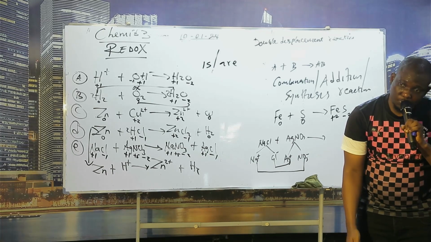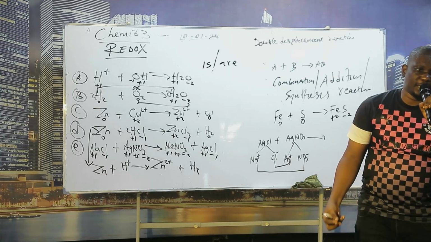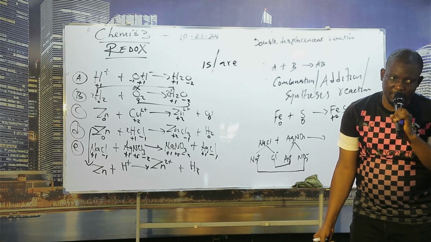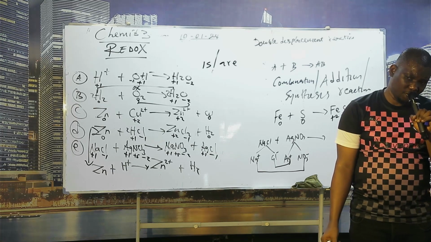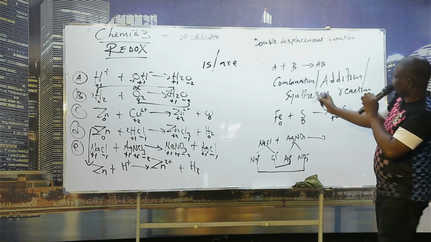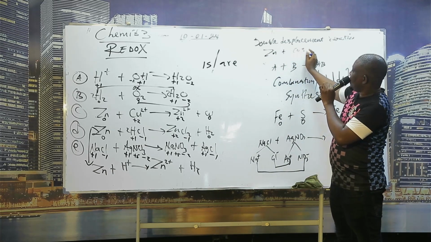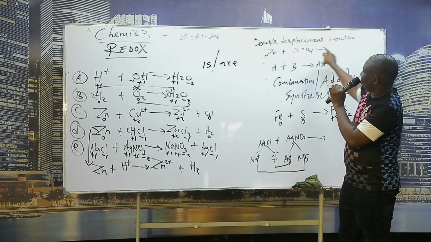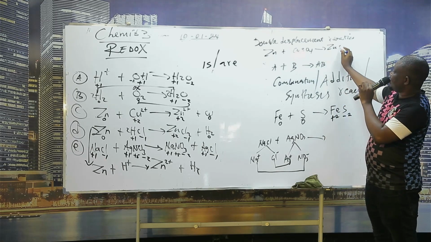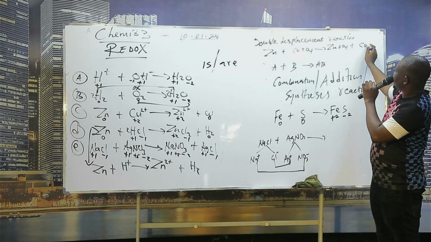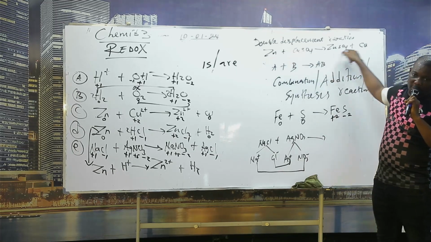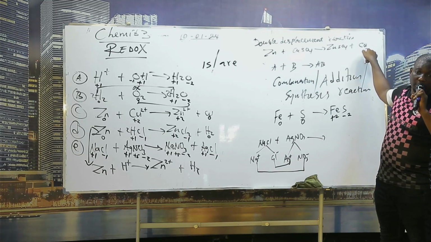Is double decomposition a redox reaction? No. Is single displacement a redox reaction? Supposing I have something like Zn plus CuSO4, then zinc displaces copper from CuSO4 to give ZnSO4 plus Cu. What type of chemical reaction is this? Single displacement.